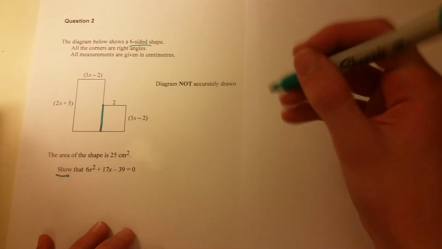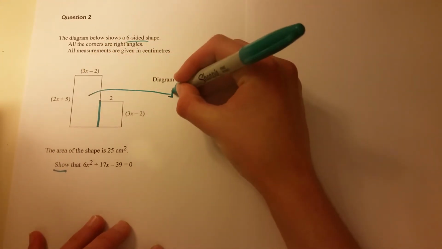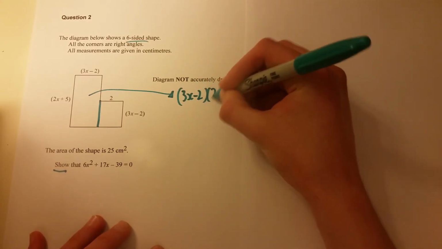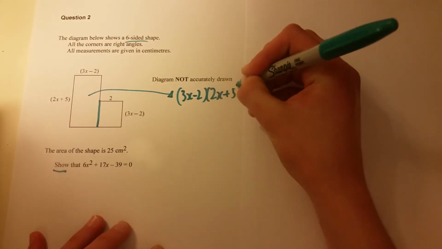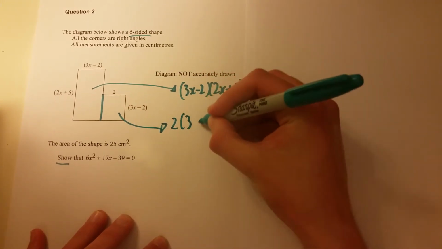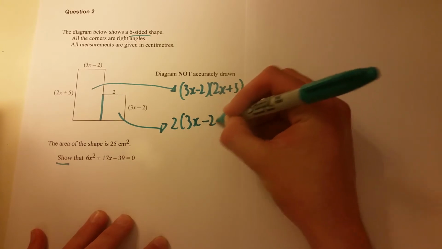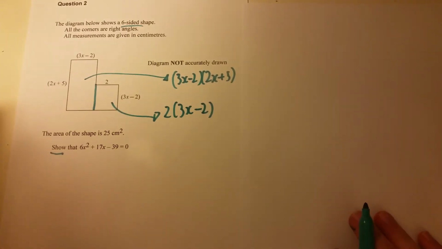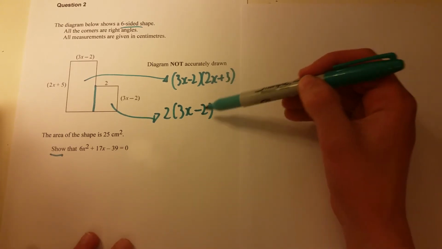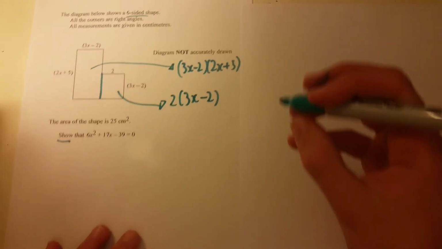Now this box here will be equal to 3x minus 2 multiplied by 2x plus 5. This box here will be equal to 2 multiplied by 3x minus 2. They've told you that the area is 25 centimeters squared, and these two added together is obviously 25 centimeters squared.